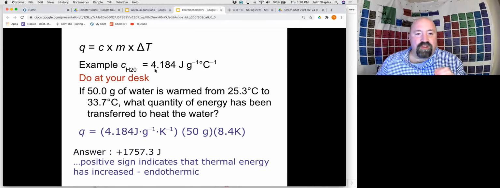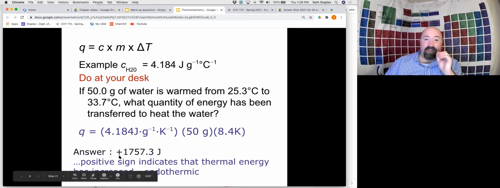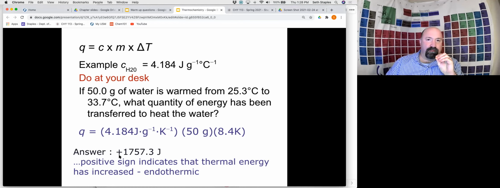But what I do want you to take note of is you want to get into the habit of, when you're calculating energy, when you're calculating heat, writing a positive sign. I know that it's implied and you don't technically need it there, but get in the habit of doing that, just so it makes it easier to keep track of saying, okay, this is definitely positive.